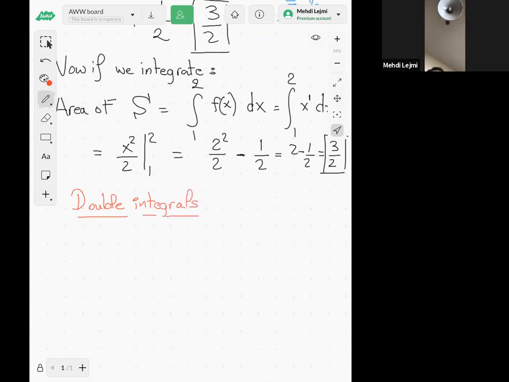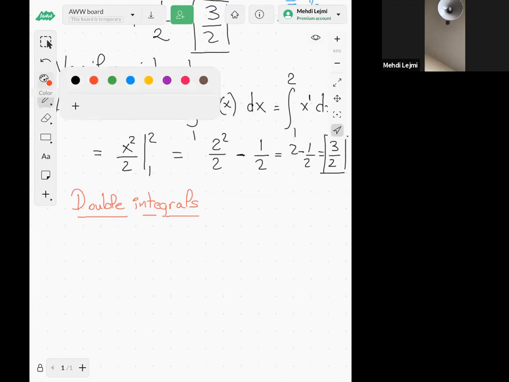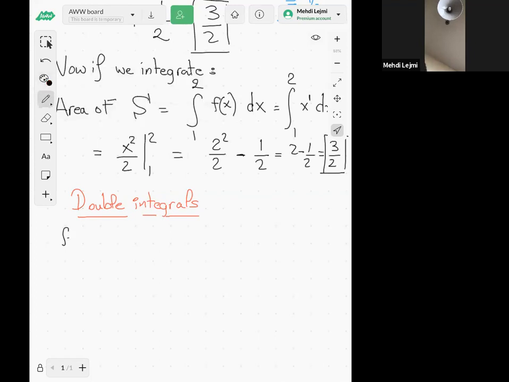So for a single variable, the goal was to find the area of some region. For a double integral, the goal would be to find the volume of some solid, right? Anyway, so we start with the function of 2 variables, f of x, y, right?